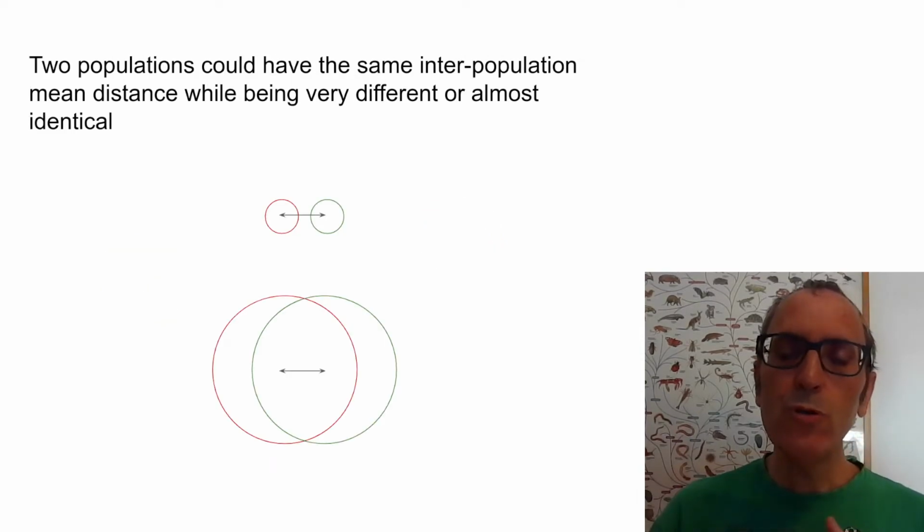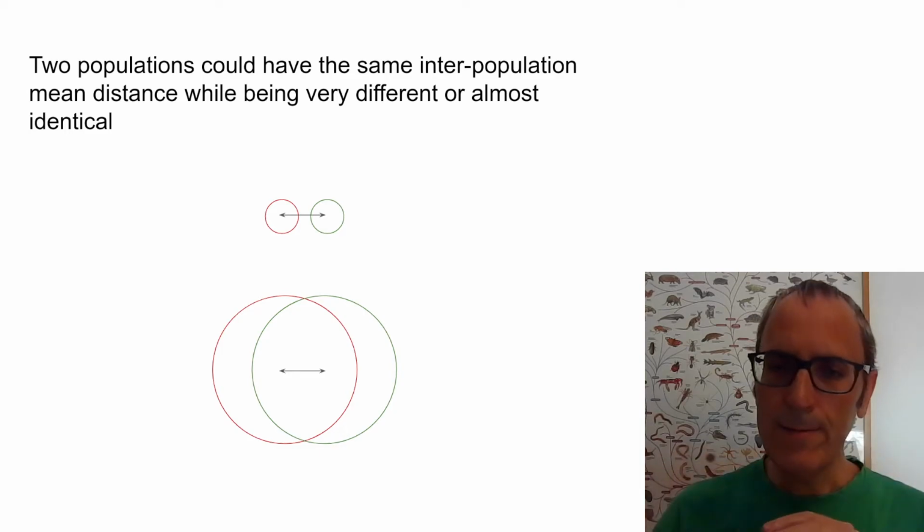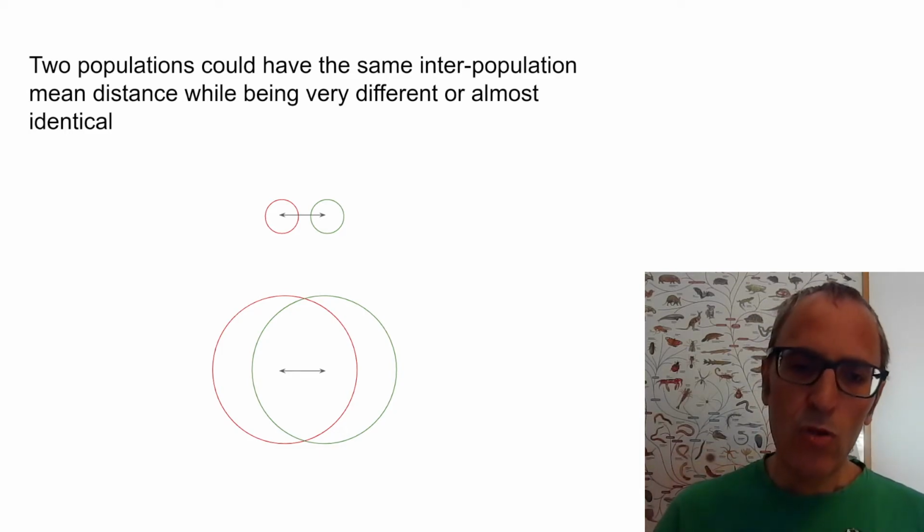So usually when we talk about genetic distances between populations, we take into account the distances within the population, the diversity within the population. Why? Because two populations with the same mean distance between them could be very different or could be very similar.